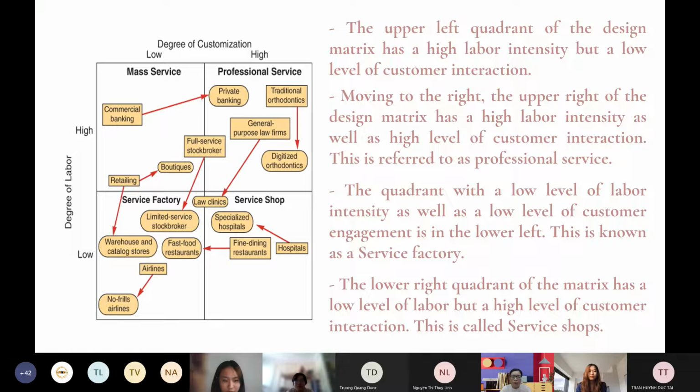And the lower right quadrant is service factory. It has a low level of labor intensity as well as a low level of customer engagement.